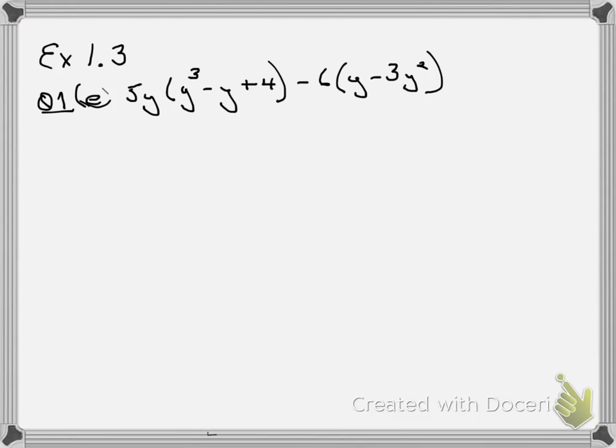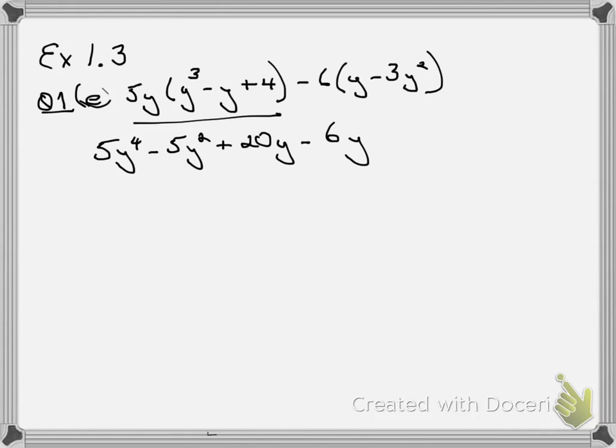Okay, now expanding that, if I just expand this section here, I get 5y to the 4th minus 5y squared plus 20y minus 6y, plus, because there's two negatives, 18y squared.